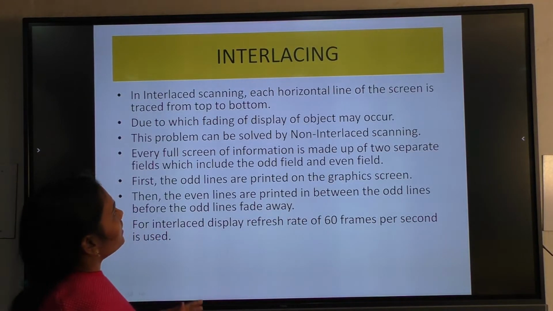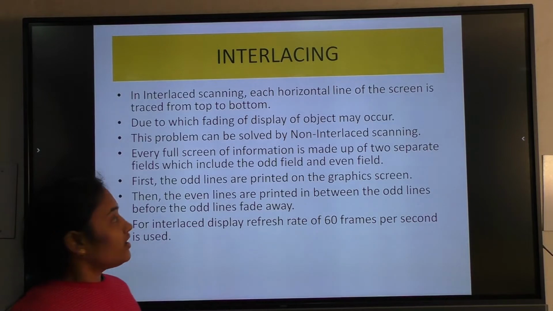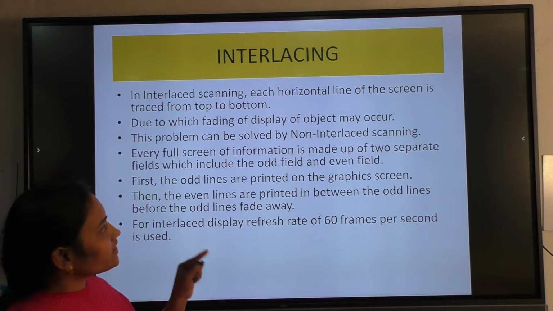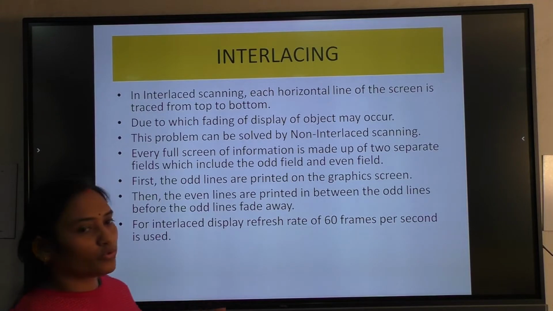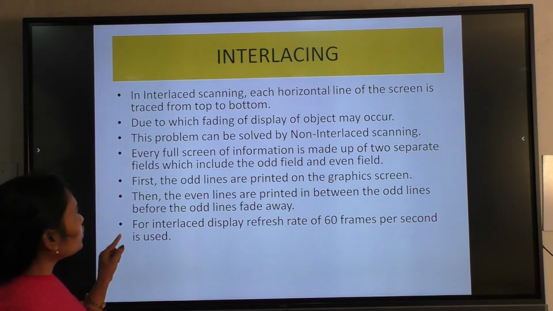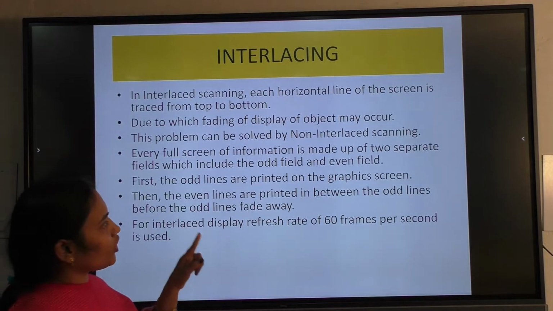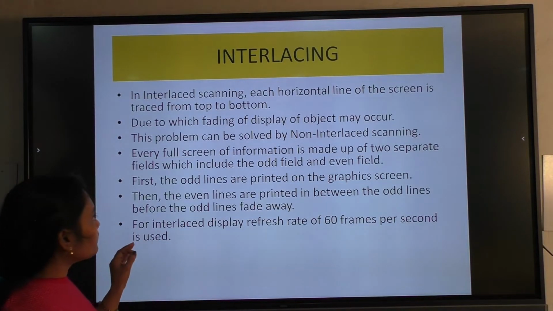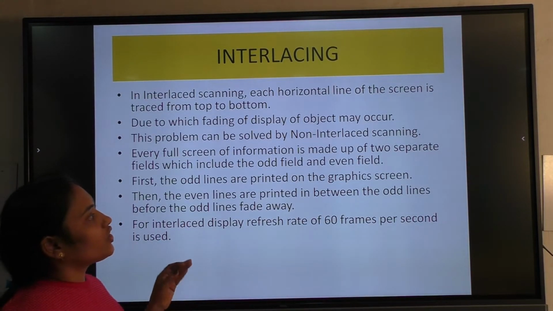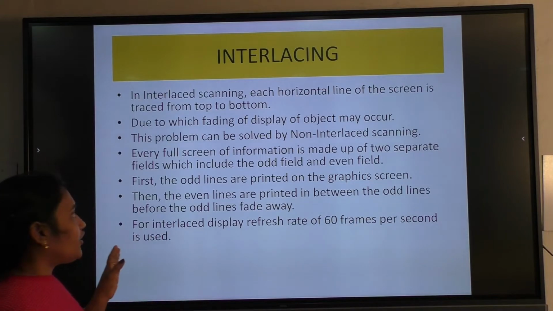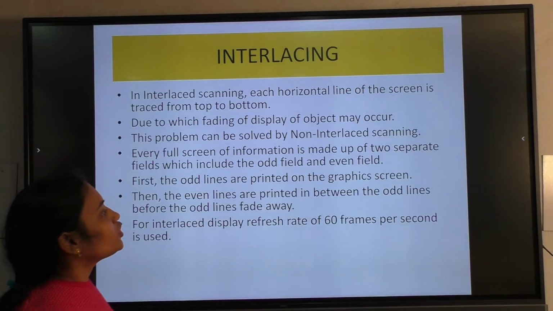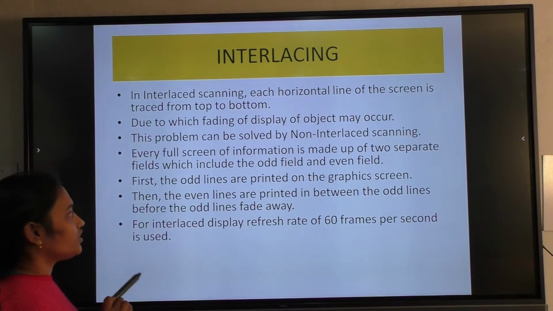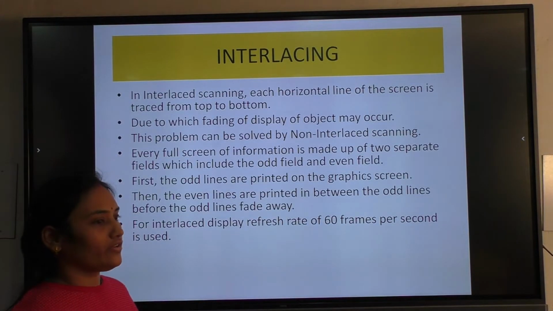First one is interlacing or interlaced scanning. In interlaced scanning, each horizontal line of the screen is traced from top to bottom, due to which fading of the displayed object may occur. This problem can be solved by non-interlaced scanning. Every full screen of information is made up of two separate fields, the odd field and the even field.